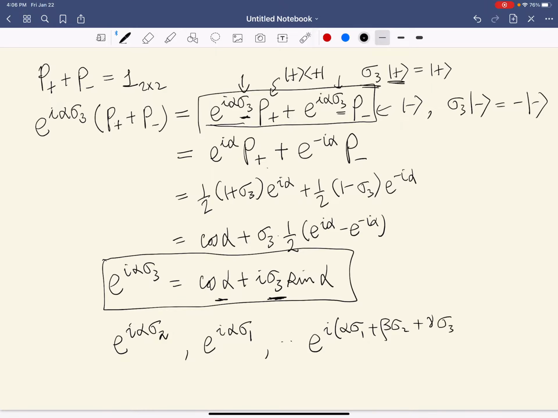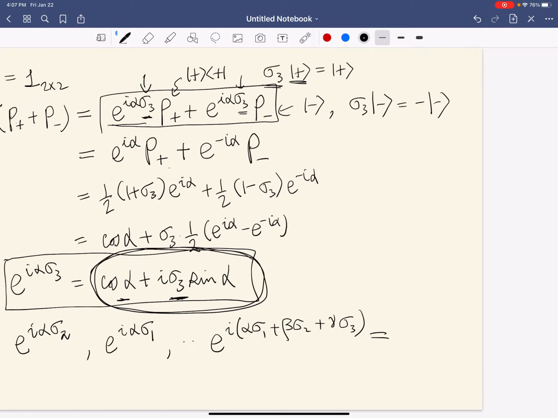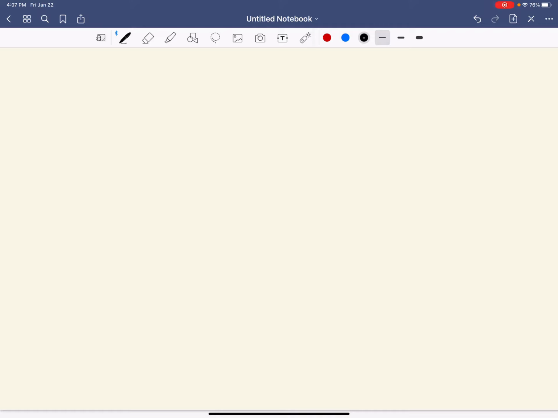This will be the most general kind of Pauli matrices raised to an exponential form. So now can we also bring this to a form that's much simpler, like this? The answer is that yes, you can. And the reason why you can is because we have all of this coherent state technology at our disposal.